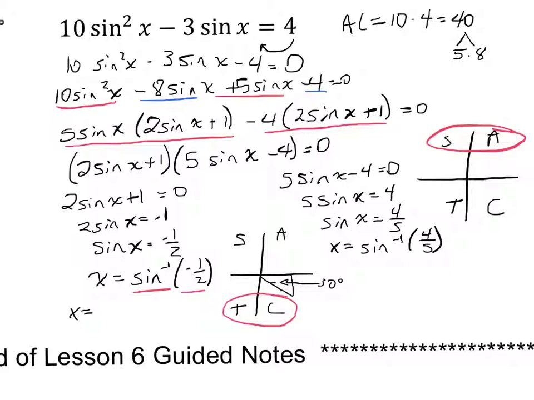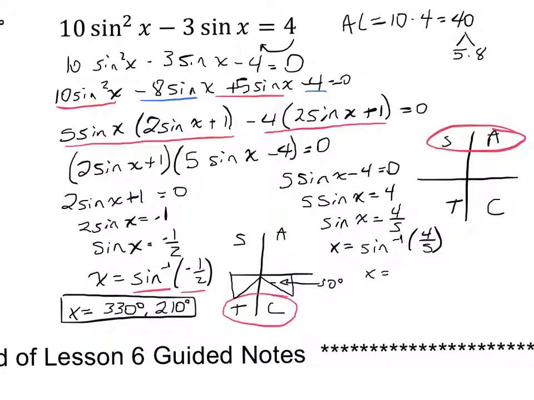And we also know that other one's going to have to be over here in quadrant 3. So negative 30 degrees is actually 330 degrees in quadrant 4. And in quadrant 3, it's going to be 210 degrees because 180 plus 30 is 210. So these are the two solutions for that half.